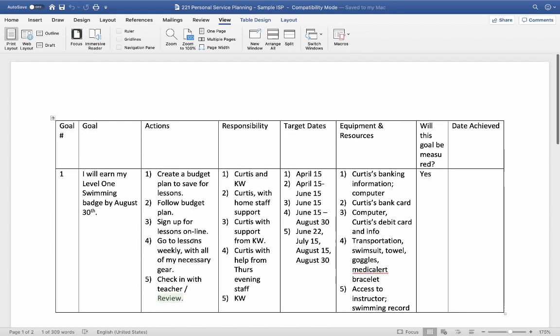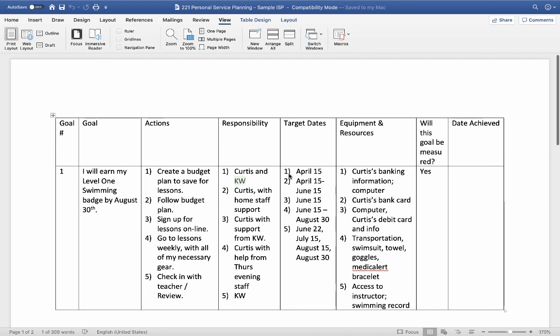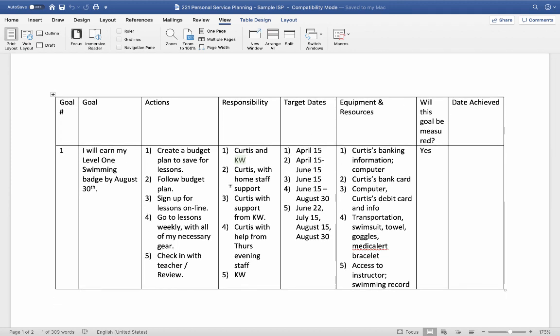Then I've identified who's responsible. Curtis is the name of my supported individual. Then I've identified who else might help. KW might be somebody else who is listed above here, and I apologize for the fact that I don't have that for you to look at.